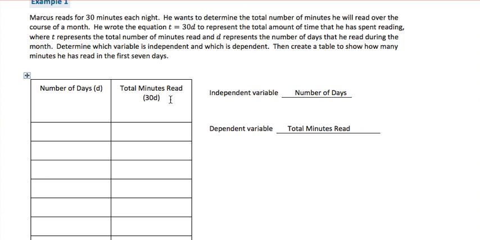And remember, this is our dependent variable because it is dependent on how many days he read. So it changes as a result of the number of days that he read.